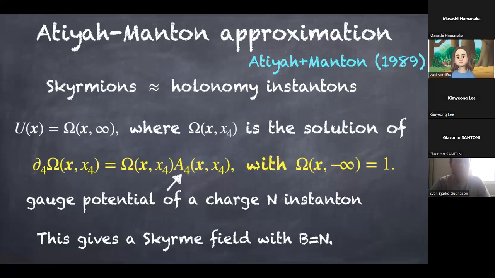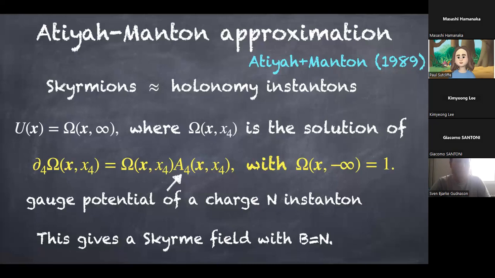So as input, you put in the gauge potential of a charge n instanton. You put in the A4 component into this differential equation. So you have to solve this differential equation along the X4 line. You have to do this at each point in 3-dimensional space where you want your skyrmion.